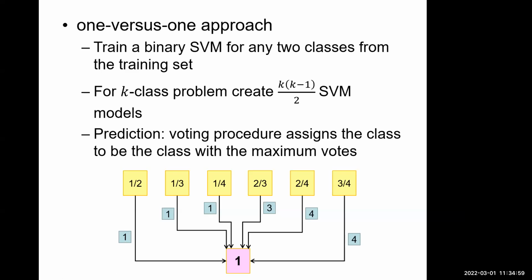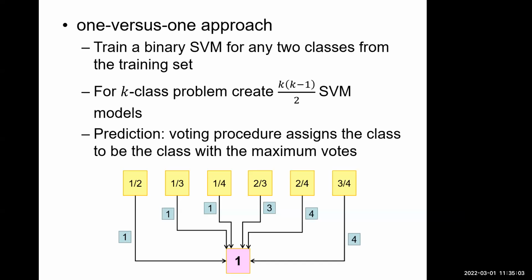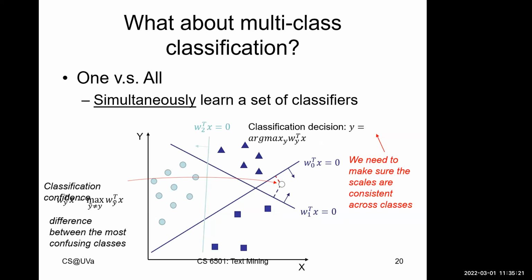And then there's one versus one, where you go through and look at taking teams. You can do teams, you can do individually, one versus all, one versus one. And you combine all those classifiers, and you can then find a way of dividing up your space.